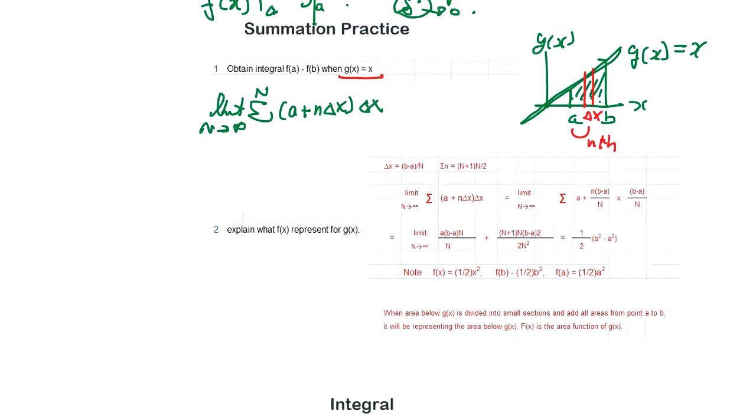Okay, so we divide a to b into n. So we have n delta x total.